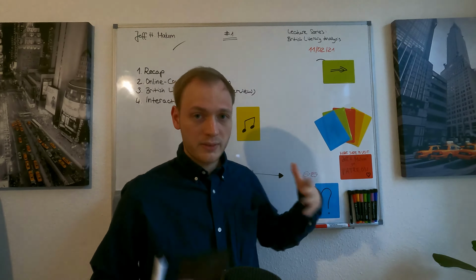Now, as you just realized, we will only have a brief look at all these periods now, but we will go into more detail in the respective lectures. So, after Old English literature, the period of Middle English literature started, which is also how the language spoken at that time is called.